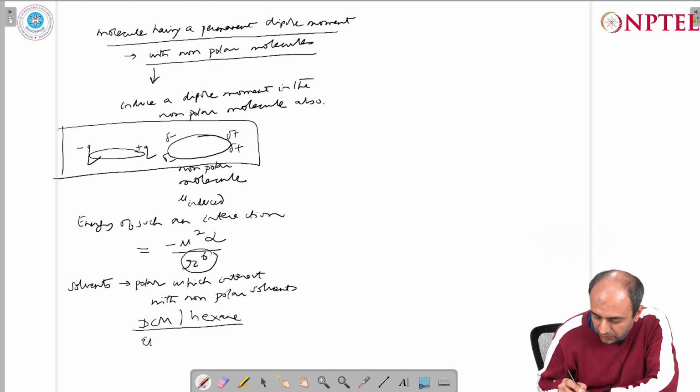Similarly, we can have a combination of ethyl acetate, which is a polar molecule having a permanent dipole moment, with any nonpolar solvent like hexane, heptane.